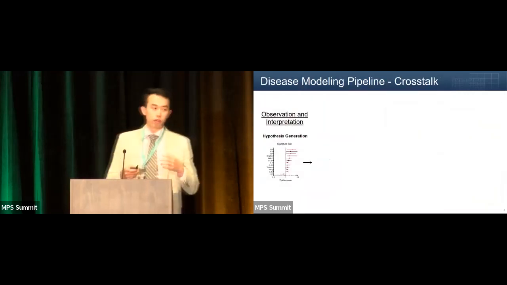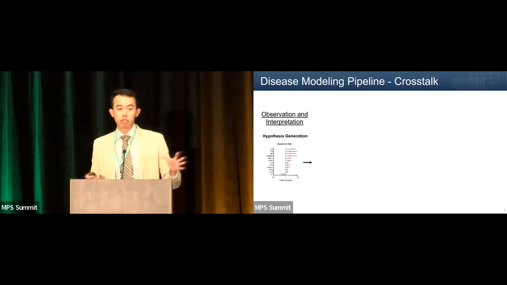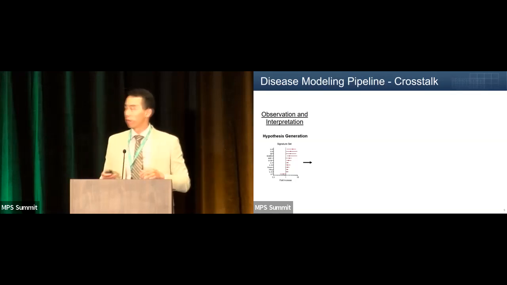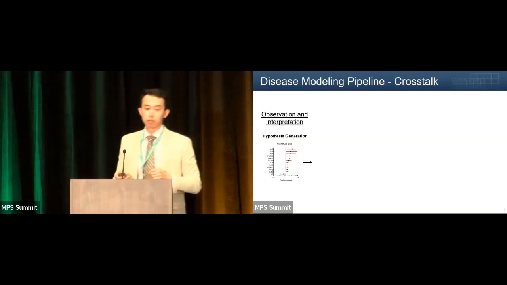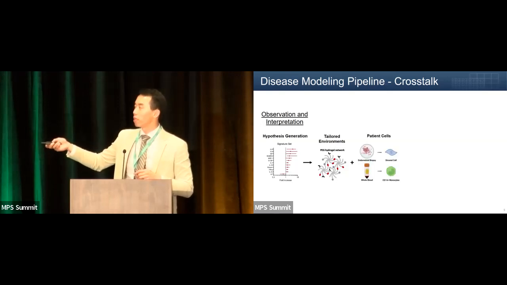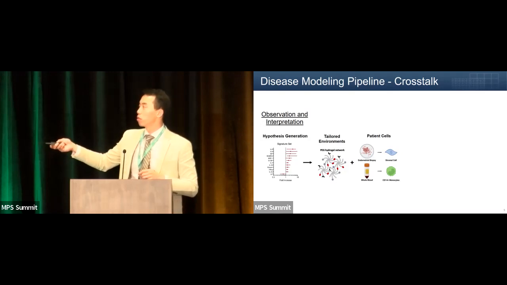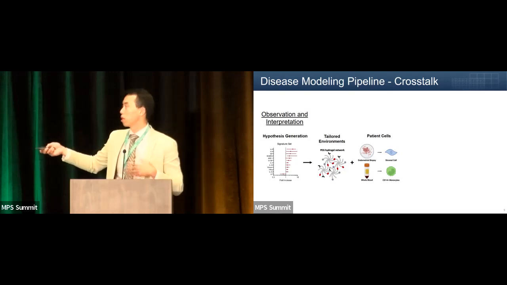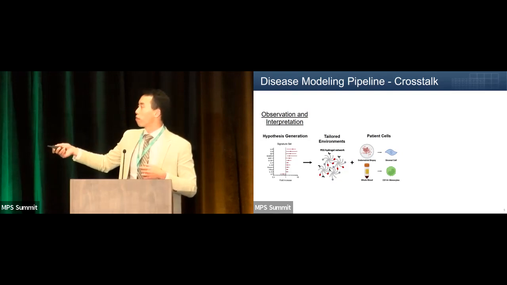So I'm going to go over this entire disease modeling pipeline with you today. First, we'll start with hypothesis generation and then go through some of the key tailored ECM environments that we generate in the lab and how we combine these with patient-derived cells, both stromal cells, epithelial cells, and monocytes derived from patients.